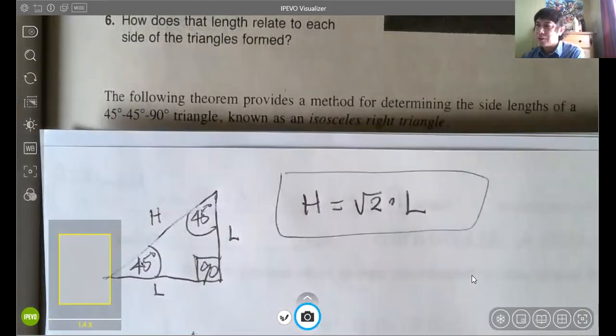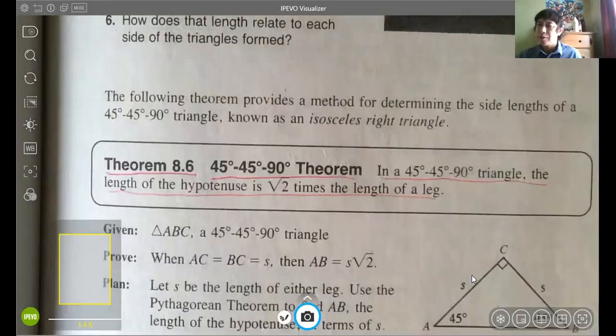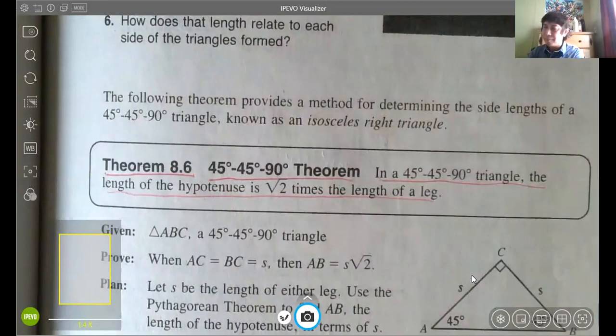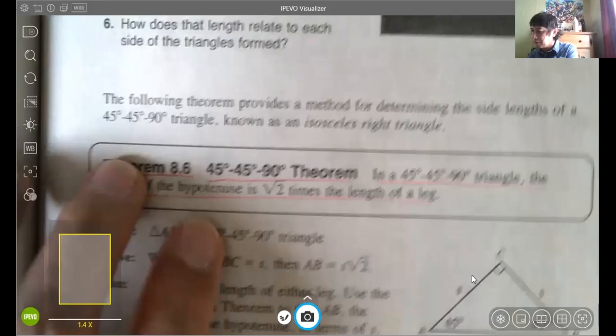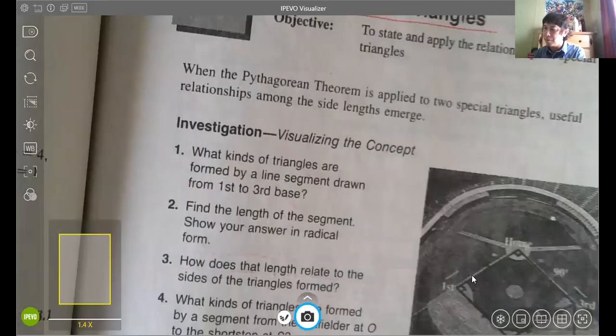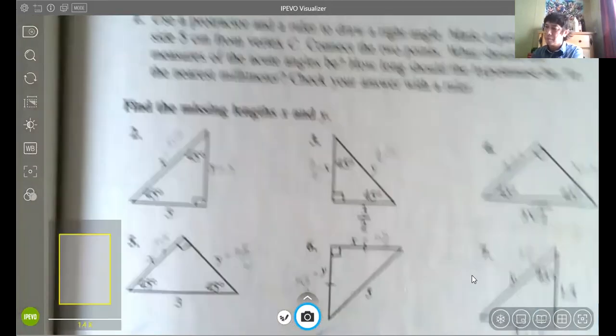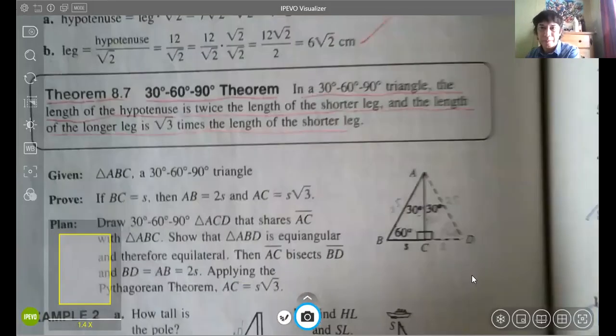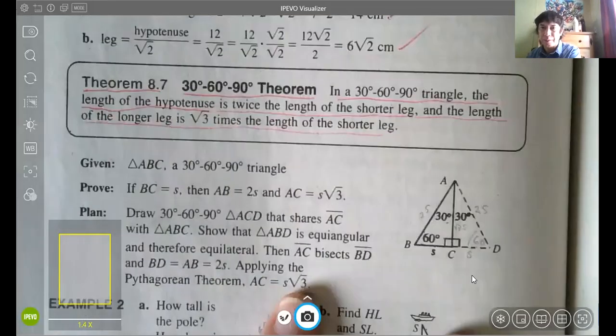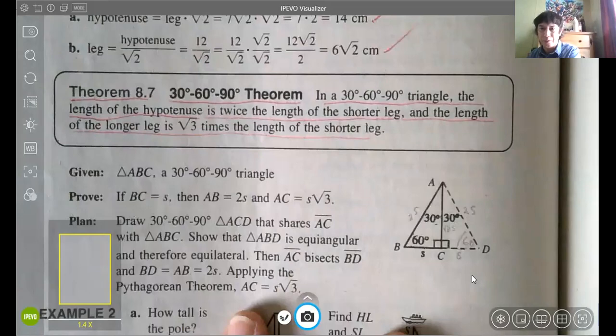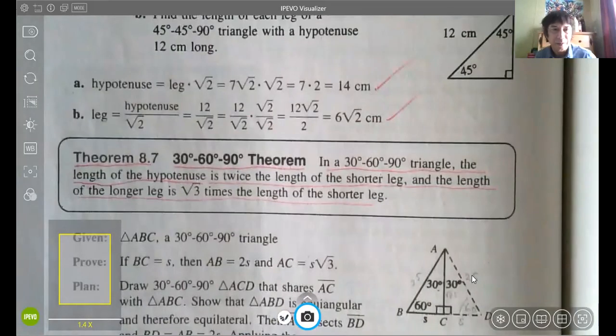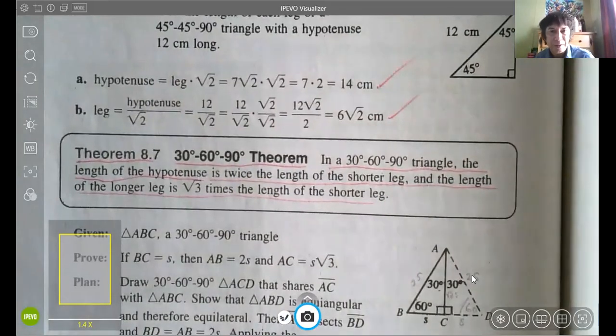Let's have the next one. We should try to see the other one. Let me just show you the other theorem. Okay, here's the other theorem. Let me put it lower there. Okay, from theorem 8.7, you have the 30 degrees, 60 degrees, and 90 degrees theorem.